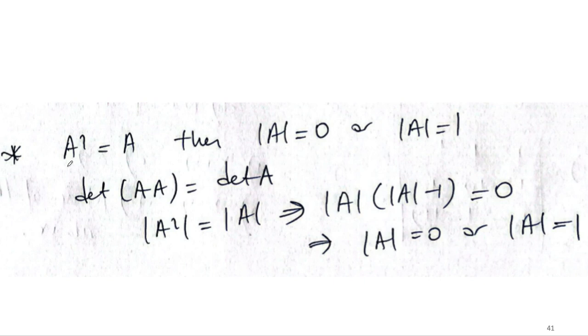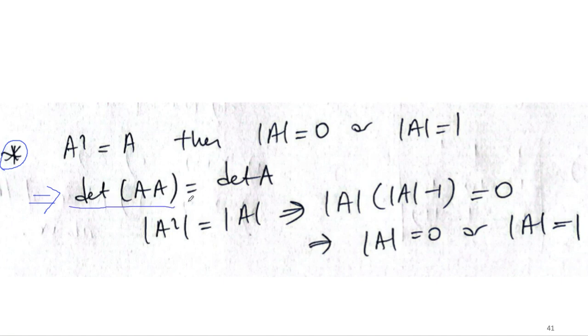Here, we are given another remark: if A squared equals A, then the determinant of A must be either 0 or 1. Again, you can simply check this by taking the determinant of both sides.